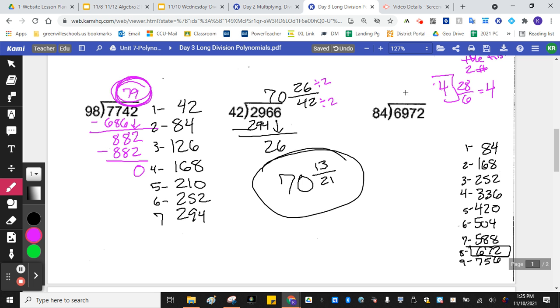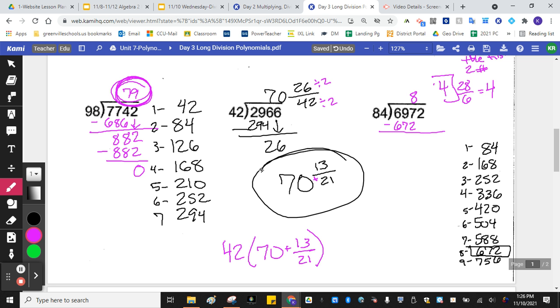So if I put 70 and 13 over 21 in my calculator, as soon as we get that far, we're done. So I should be able to check that, right? How do you check it? How do you put 70 and 13 over 21 in a calculator? Use the fraction button. 70 plus 13 over 21 times 42.